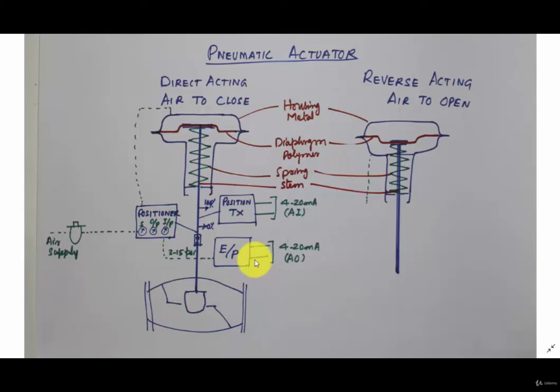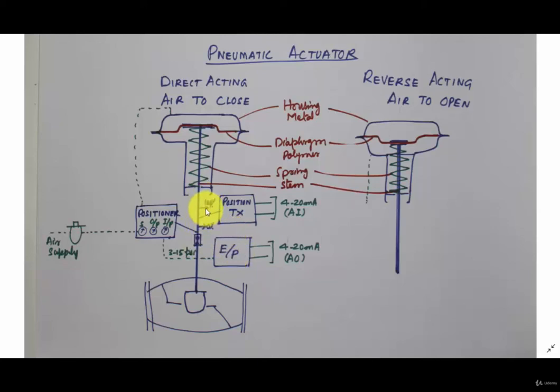Other than that, sometimes we will have a position transmitter. Position transmitter means you are giving a command to operate the valve 50%, but you don't know exactly whether it is opening 50% or not in the field. Sometimes due to process conditions or a problem in the pipeline, the valve may not open fully to the required command of 50%. So you need actual feedback of the position of the valve.